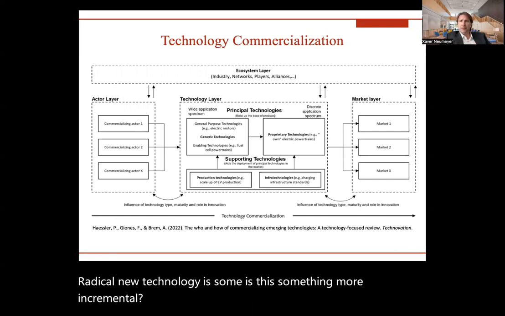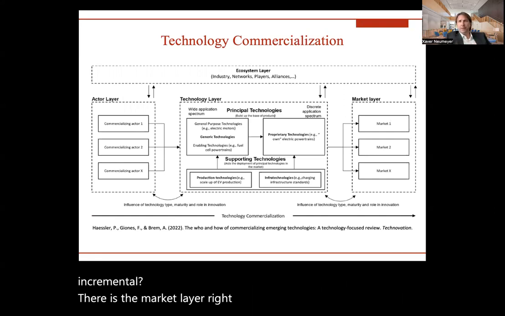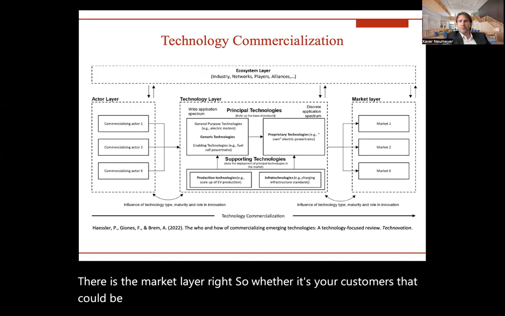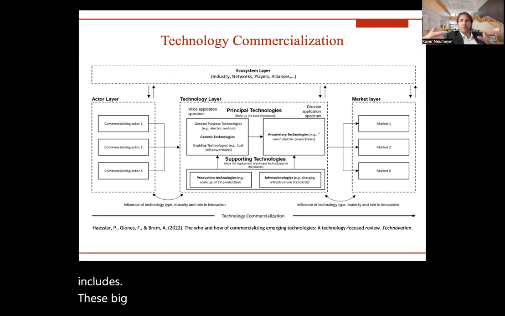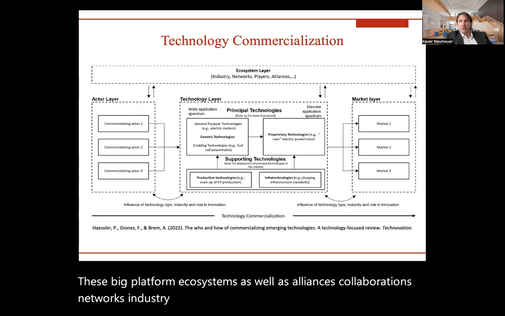There is the market layer: your customers, whether businesses or individual consumers. And what we've also seen come up more and more is the ecosystem layer, which includes big platform ecosystems, as well as alliances, collaborations, networks, and industry, which we're going to talk about a little later.